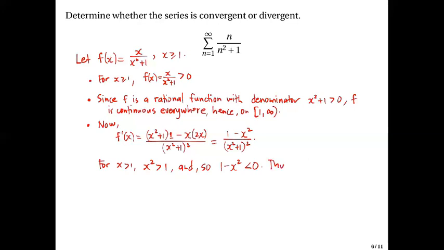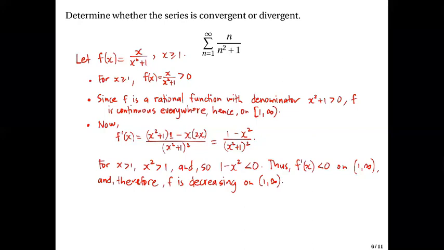Thus, f prime of x is less than 0 on the open interval 1 up to plus infinity, and therefore f is decreasing on that interval, 1 to plus infinity.